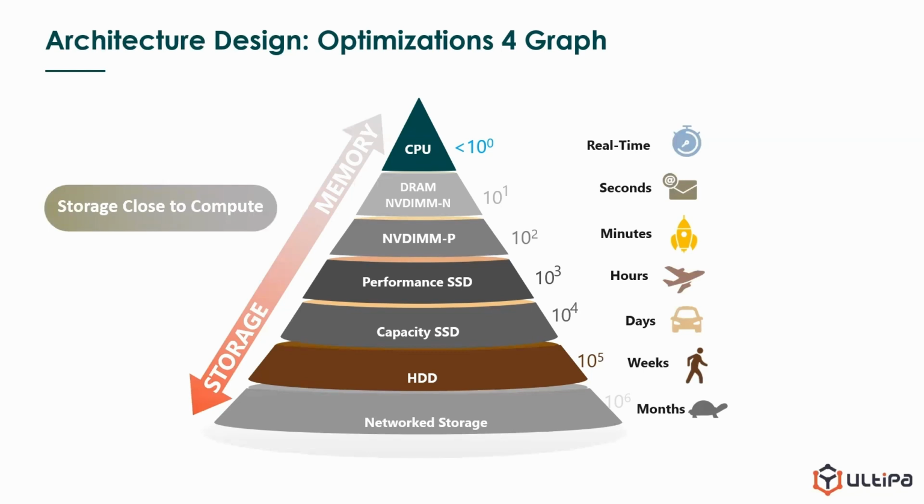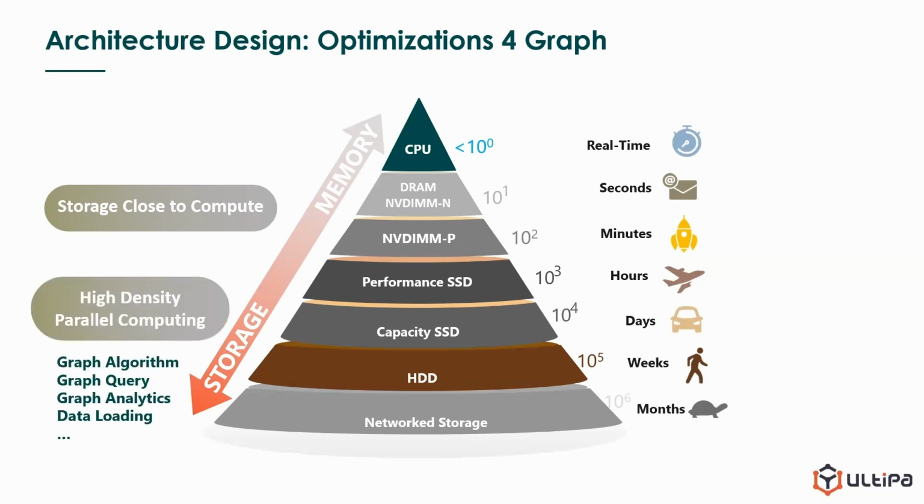By looking at the 7-layer stack from networked storage to SSD to CPU, you should realize that the data processing power difference is exponential. By saying exponential, we are talking about latency from months all the way to genuinely real time, which is in the range of 100 milliseconds to even a couple of 100 microseconds.